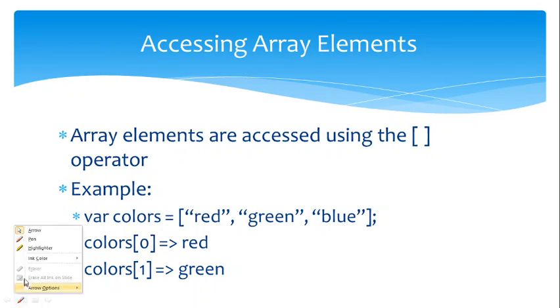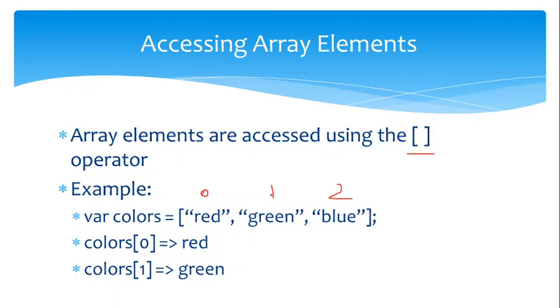As I told you, every element or value must have an index. What is the index of red? It is 0, because an array always starts with 0, 1 and 2. So colors of 0, what is present at 0 is red.